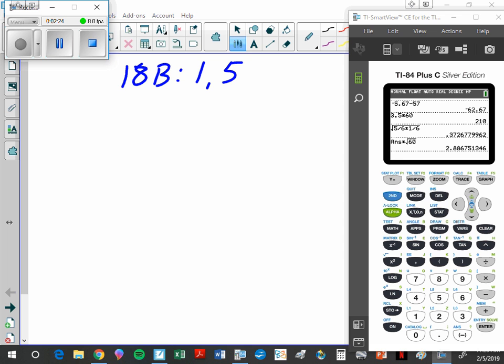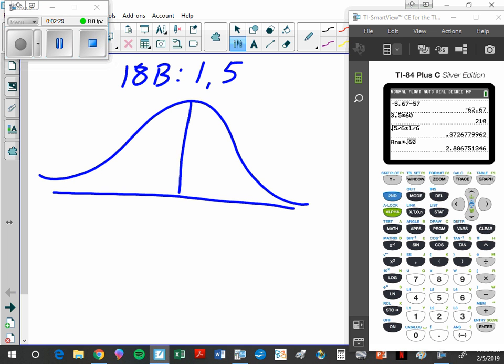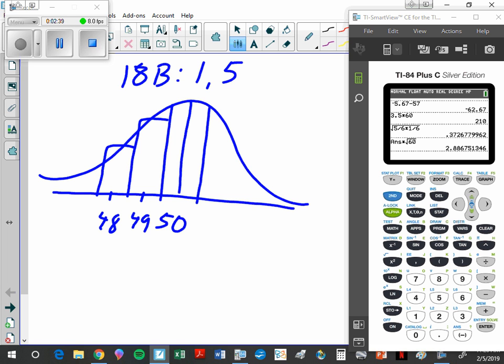And what we're talking about is this. Let's say that my average is 50, and there's 50, here's 49, here's 48, and here's 47. If I wanted to know how much area is there between 47 and 50, well, our old way of shade norm would only include this much.